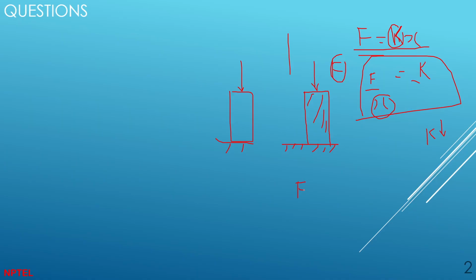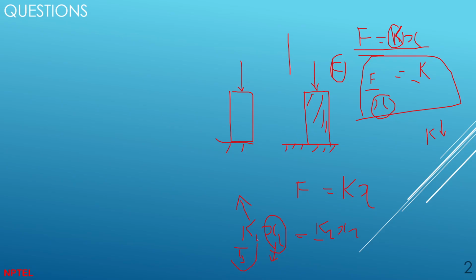F remains the same, so k1 x1 equals k2 x2. K2 is the stiffness of wood, and K1 is the stiffness of iron. You know that iron has a higher stiffness, so if iron has higher stiffness, then the deformation will also be small.